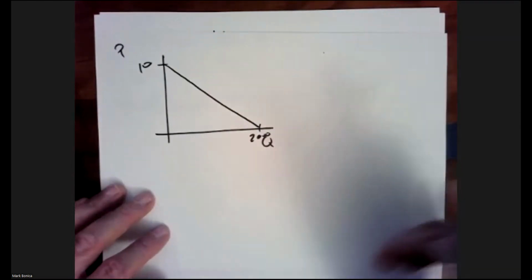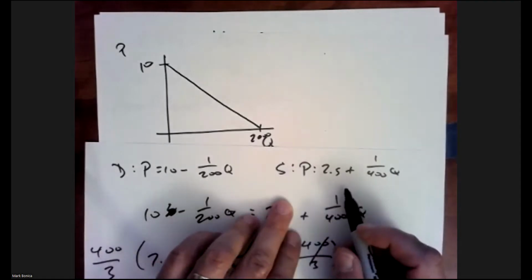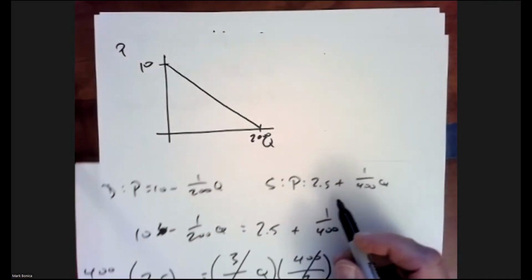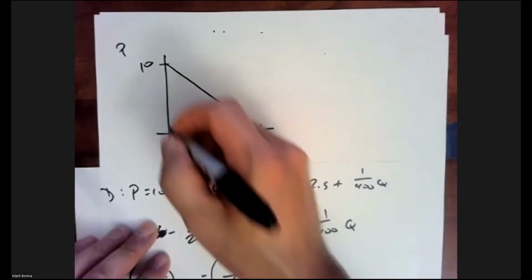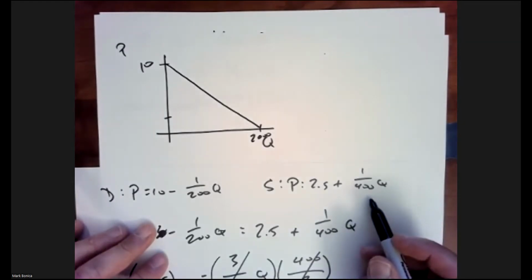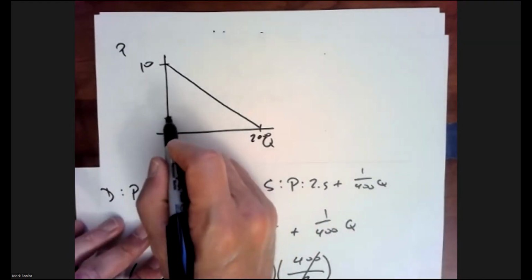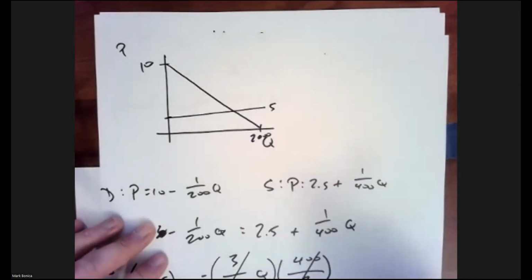And then I have a supply curve of 2.5 plus 1 over 400 Q. That is something like this. And 1 over 400 Q is a very flat slope, so it's going to look something like that. It's almost a horizontal line.